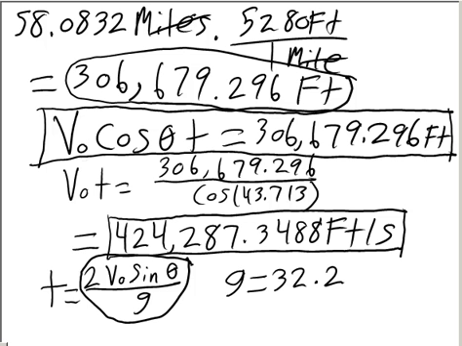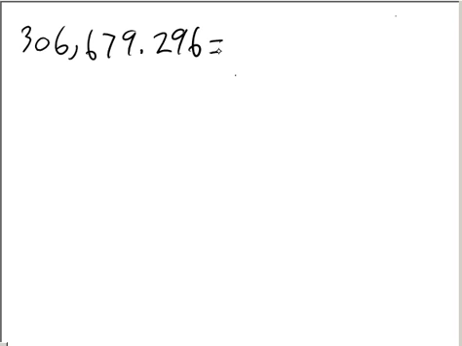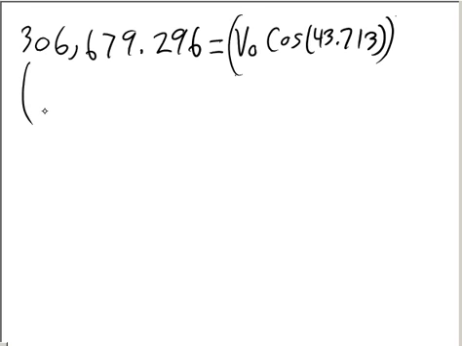Now we can substitute these into our distance equation and solve for our initial velocity and later our time. So I'm going to do that now. 306,679.296 is equal to v naught cosine 43.713, which is the angle we found using sports motion, times our t equation, 2 v naught sine of the same angle all over 32.2, our gravitational constant.